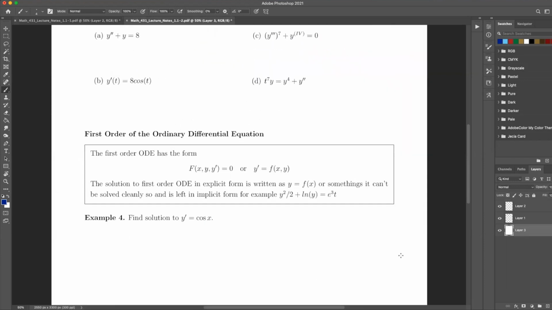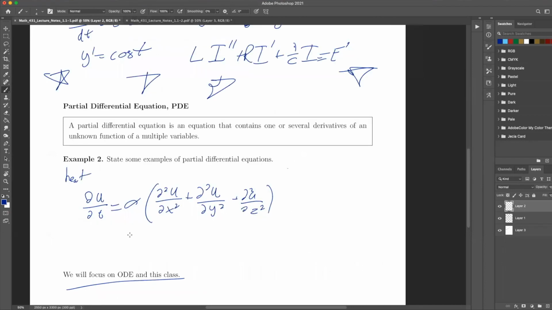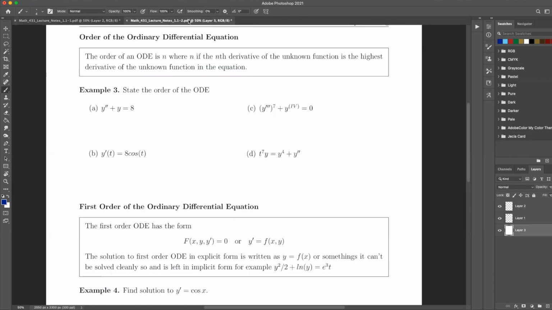All right, so let's look at these for a second. These are first order differential equations. Actually, let's make this an equation instead of an expression, so let's set that equal to each other instead of setting it equal to 0, just for my own sanity. The order of a differential equation is n, where n is the order of the highest derivative of the unknown function in the equation.